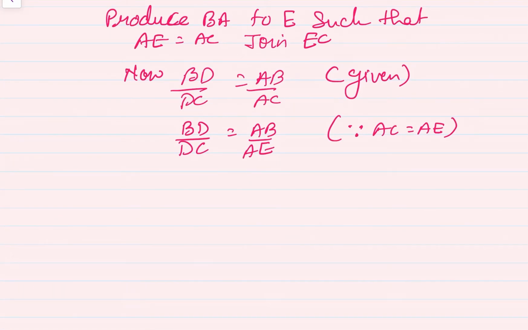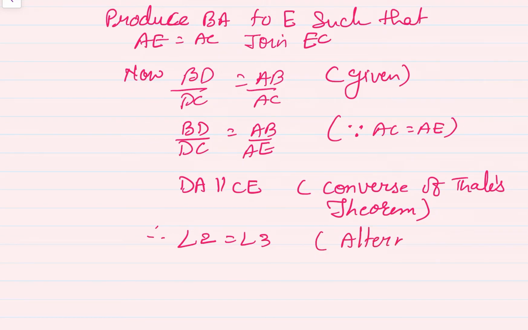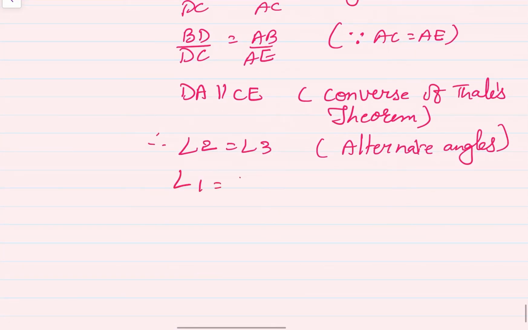Now because of this we have AD parallel to CE, by the converse of the proportionality theorem, the converse of Thales theorem. Therefore, angle 2 is equal to angle 3, alternate angles. And angle 1 is equal to angle 4, corresponding angles.